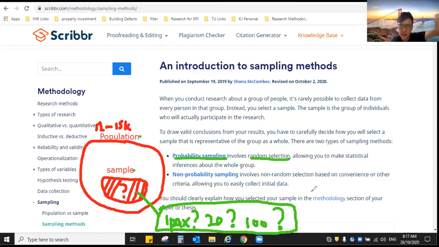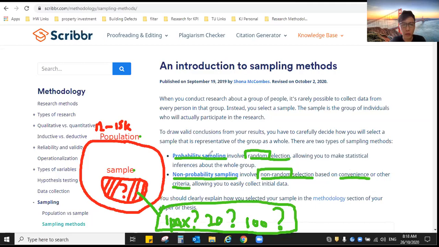I simply select them very randomly. That is called probability sample. For non-probability sample, it involves non-random selection. I have indications, I purposely select based on convenience. This is called non-probability sample, or based on criteria.